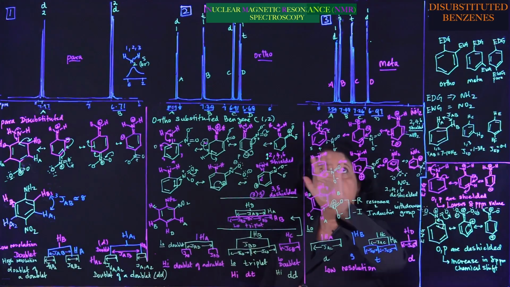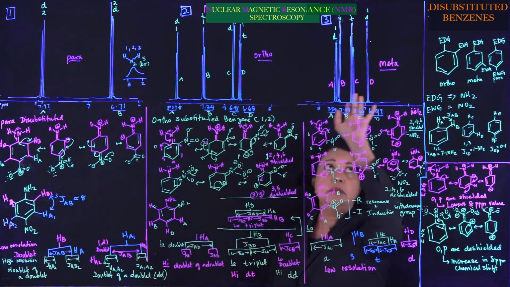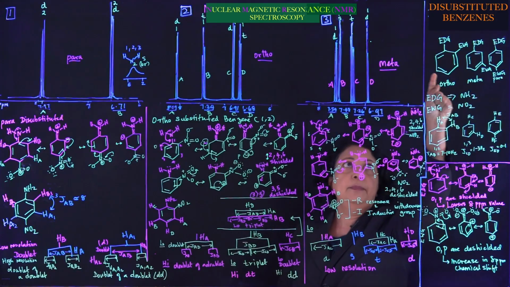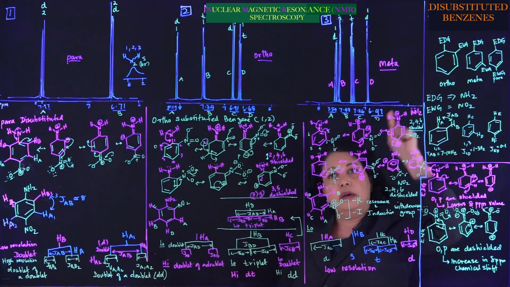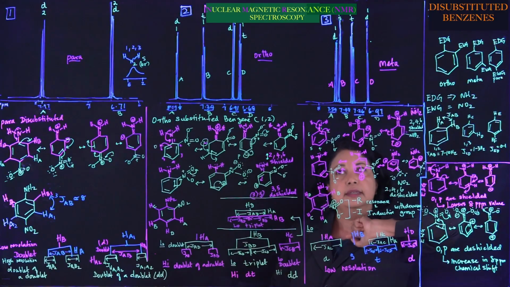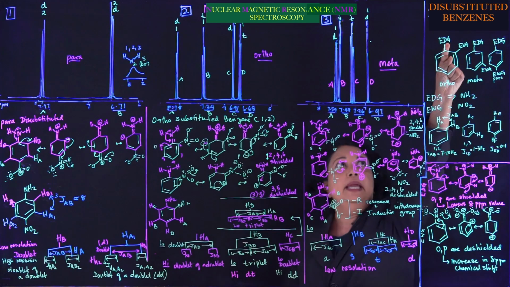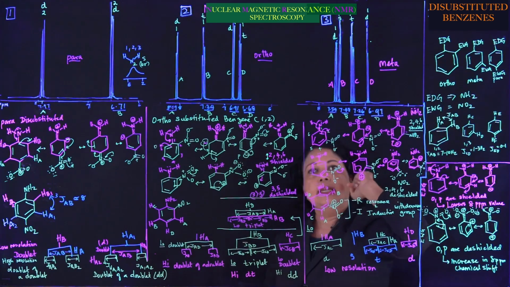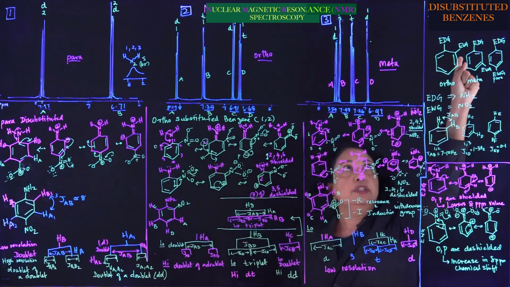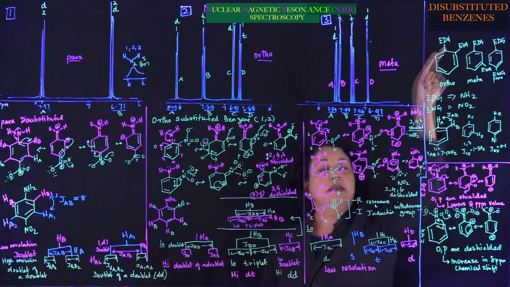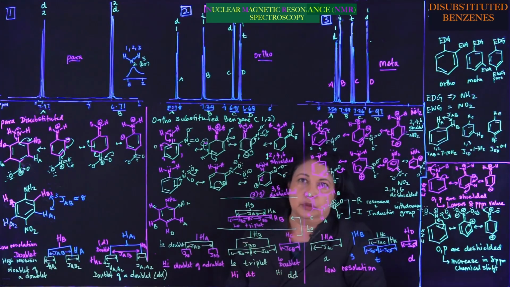Now, ortho and meta splitting patterns are going to be similar just because they depend on the proximity of these protons, the neighboring protons. However, the delta values will change depending on the strength of the electron donator or the electron withdrawer groups that are on the benzene, the director groups.